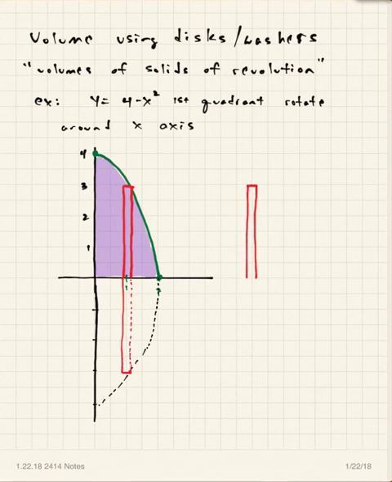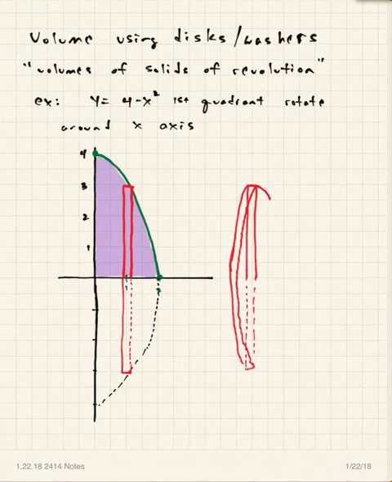Here's our cross-section of it, and here's the x-axis coming out from this disk.